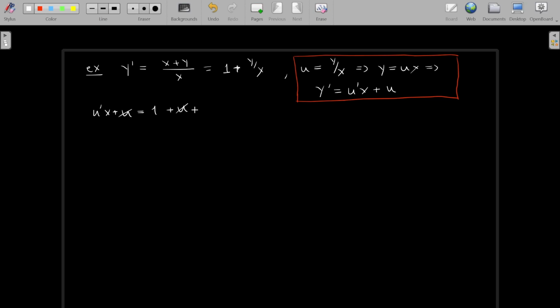u and u go away, and what do we have here? We have a separable differential equation of the form du/dx is equal to 1 over x, meaning that the integral of du is the integral of dx over x, or u is ln of x plus a constant.